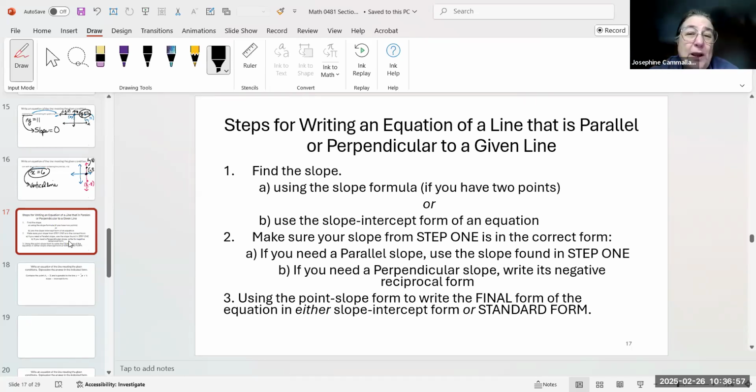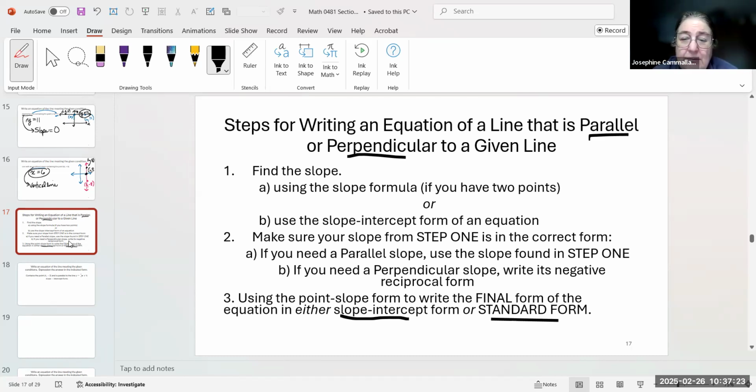You're going to write an equation, and it can be in slope-intercept or standard form, but remember that parallel and perpendicular? Okay. What's happening now is you are going to be given an equation, or you're going to be given 2 points.